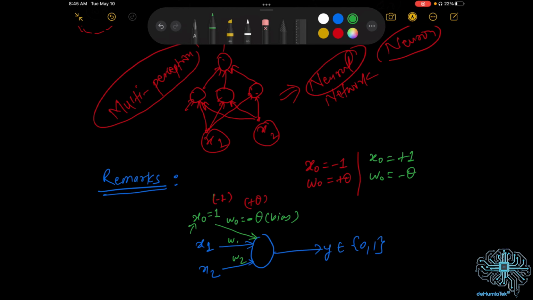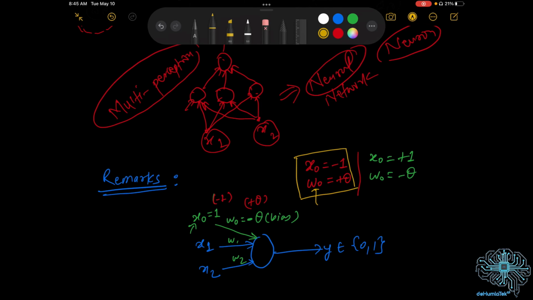We can assume either possibility. But I prefer the first, because by making x naught -1, I'm giving flexibility for w naught to be either positive or negative.